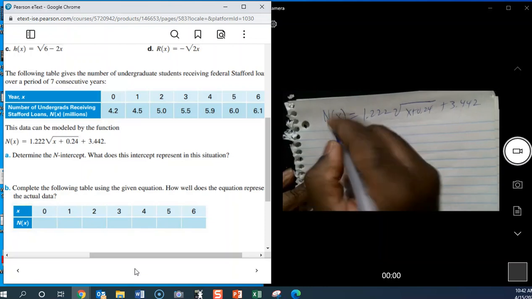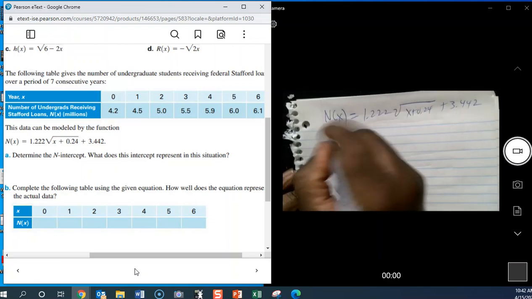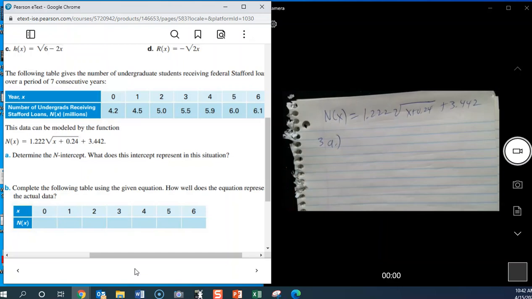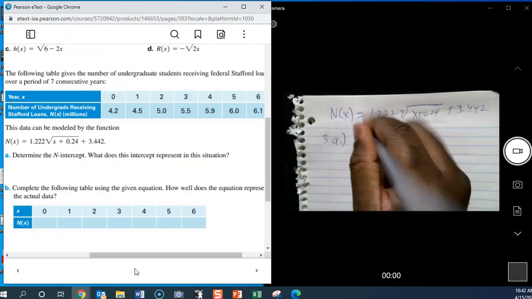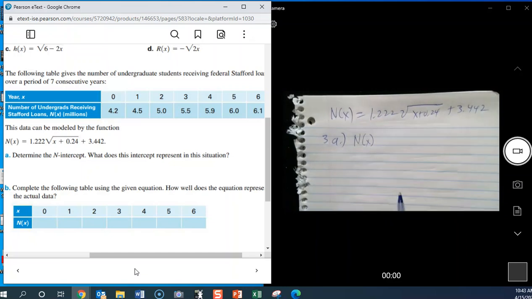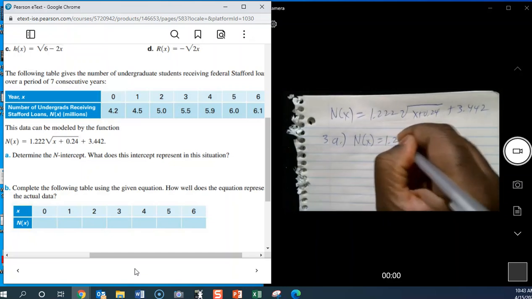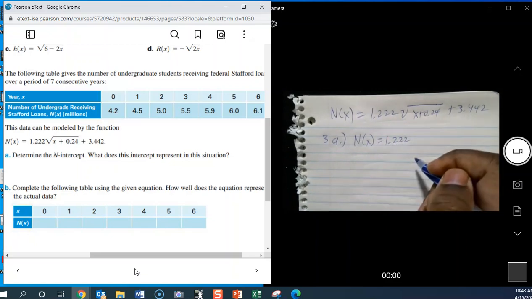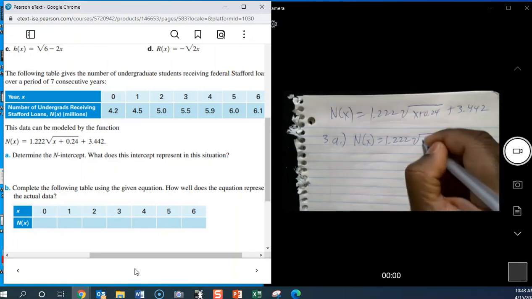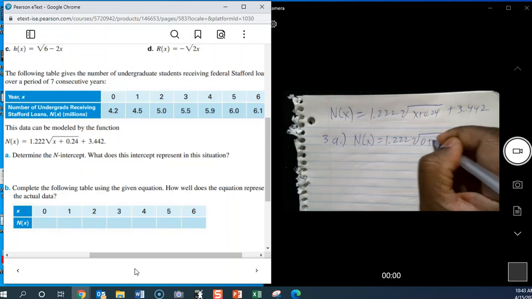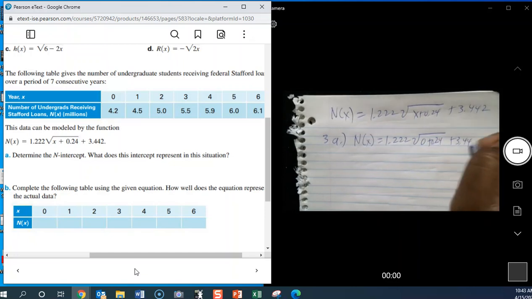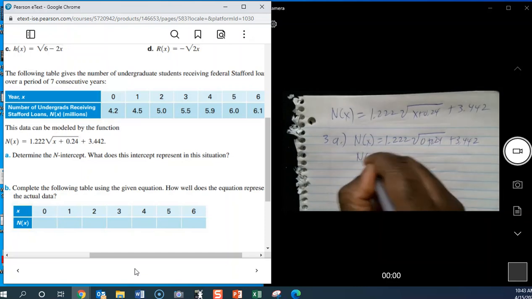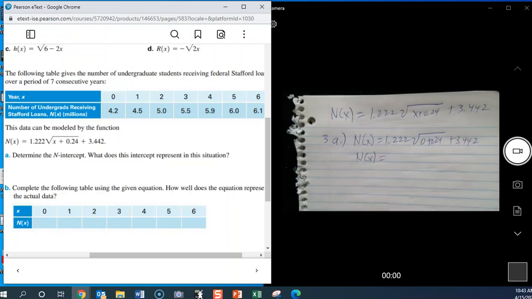So this will be 3a. Now the n-intercept is basically when x is going to equal 0. So the n-intercept is the same thing as saying the y-intercept. So we'll put in 0 for x. And we could put this into our calculator.